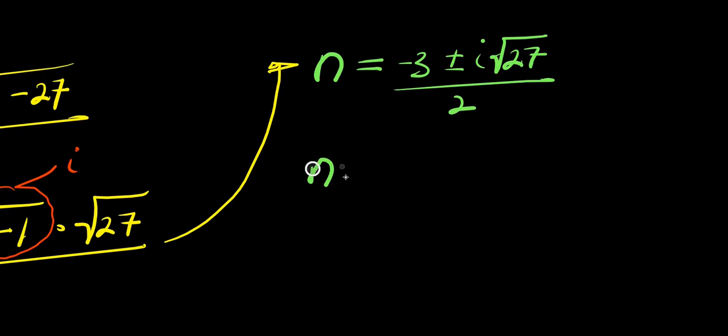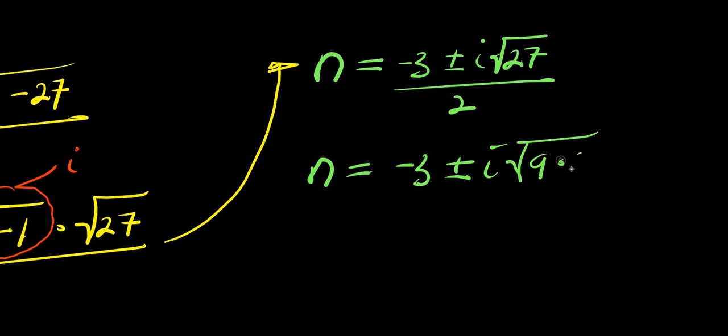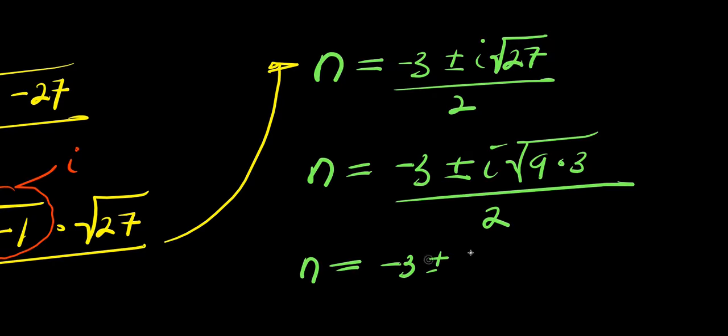So from here we have n equals negative 3 plus or minus i times square root of 9 times 3, divided by 2. So we have n equals negative 3 plus or minus i times square root of 9, this is 3, then we have root 3 again, divided by 2.